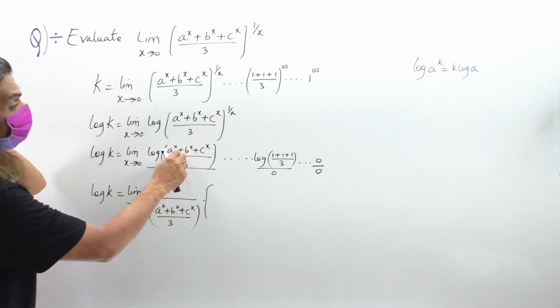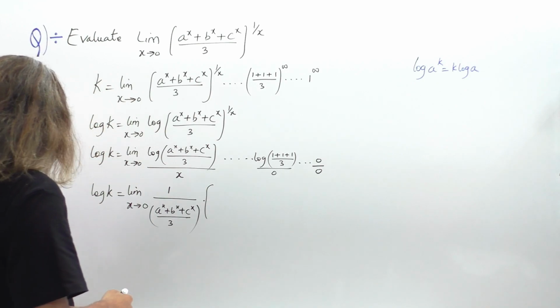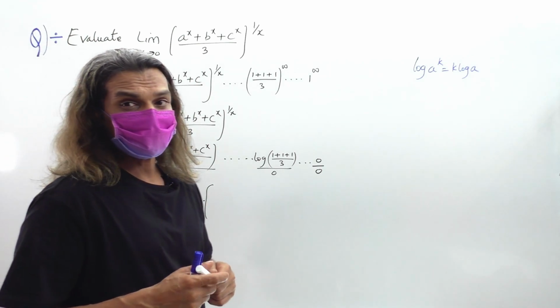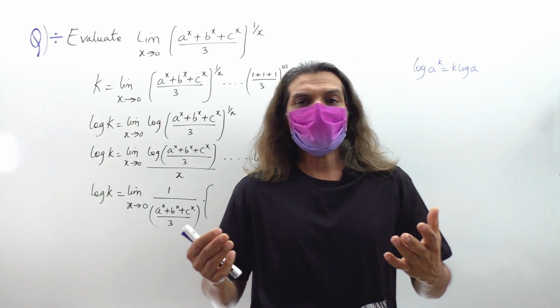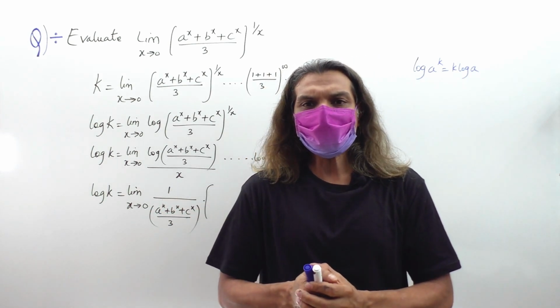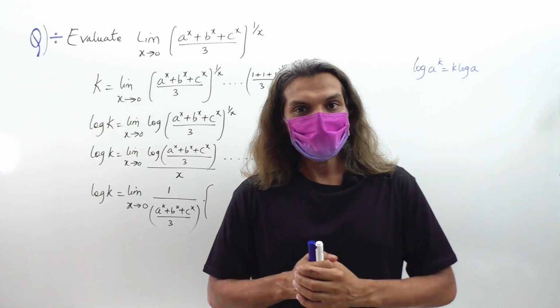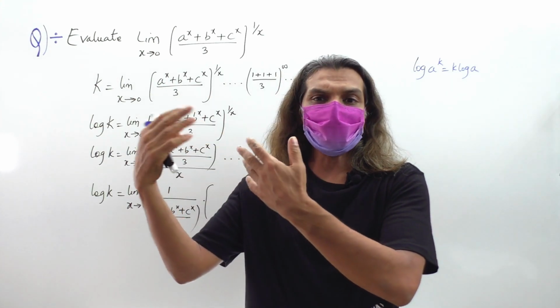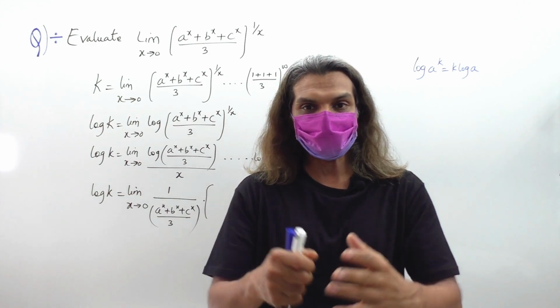So differentiate again this a raised to x plus b raised to x plus c raised to x upon 3. This is one of the standard differentiations, but since it is not discussed in many problems, we tend to forget it. You might have learned this in your 12th grade. We remember the differentiation of e raised to x is e raised to x only, but we do not remember what is the differentiation of a raised to x.